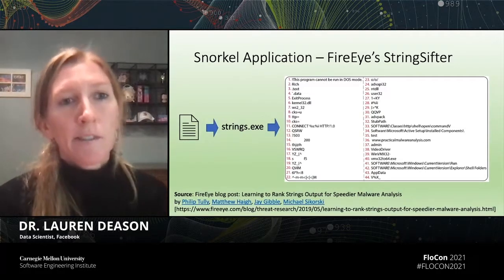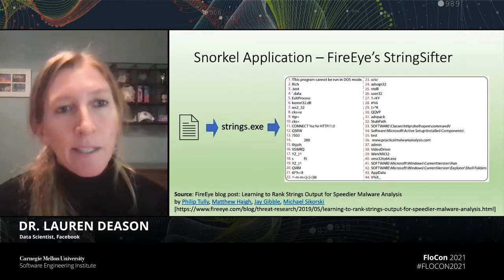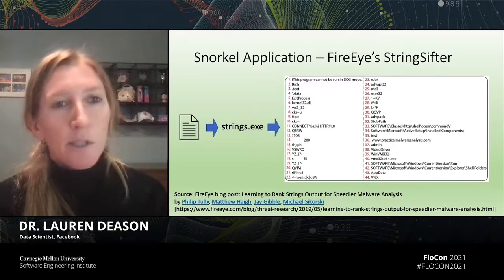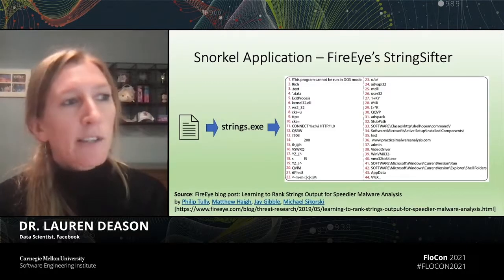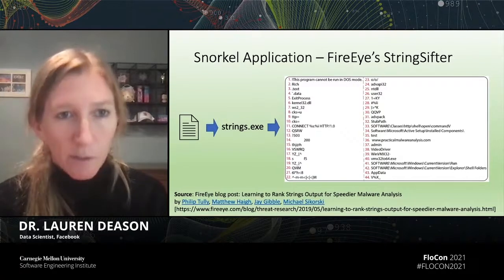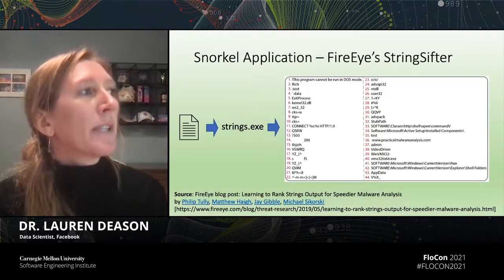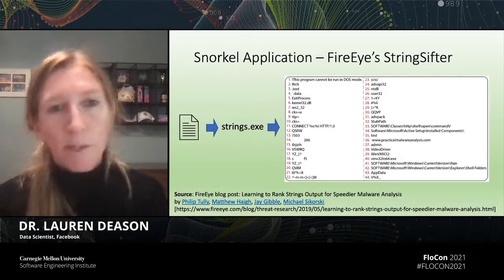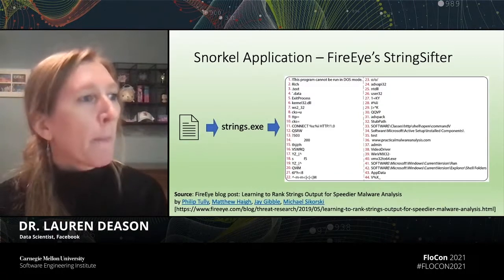So what strings does is attempt to extract any sequences of bytes that might represent strings or human readable characters, and dump them out to a list like the one you see on the right. You can see that this generates some pieces of human readable text, like "This program cannot be run in DOS mode," etc.